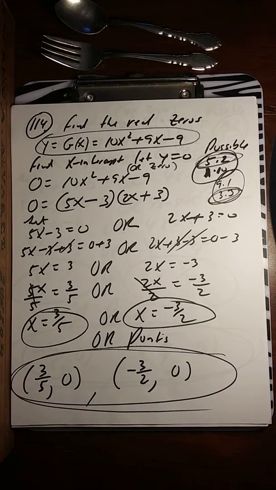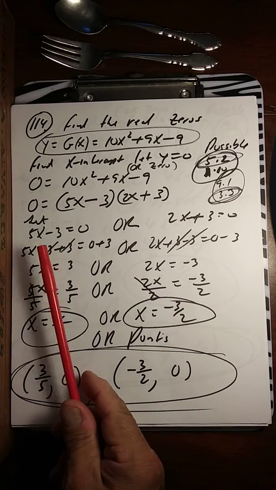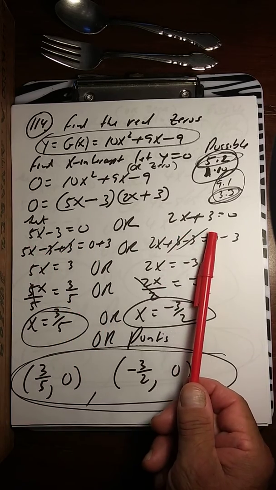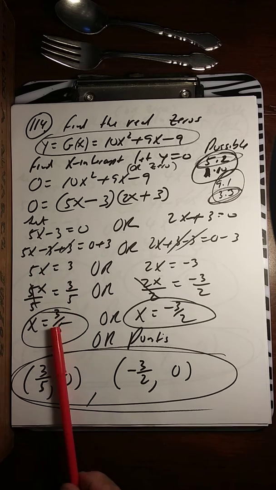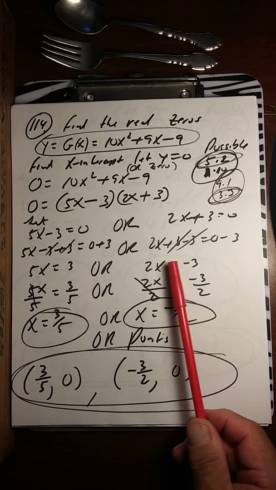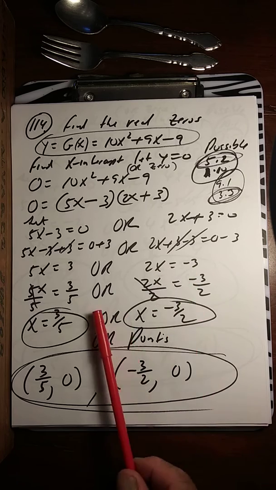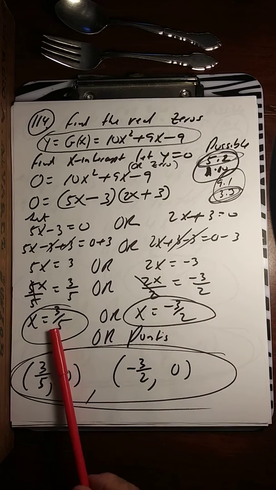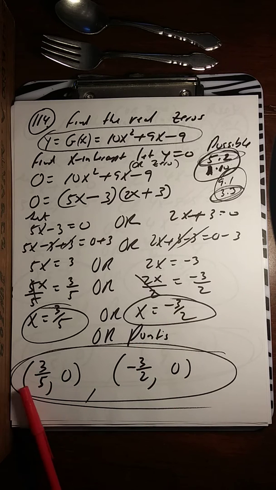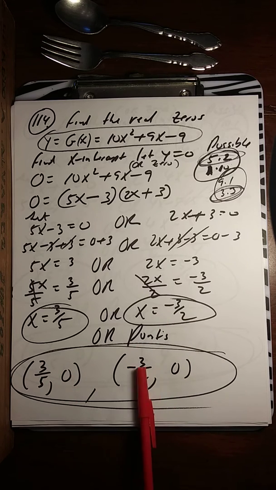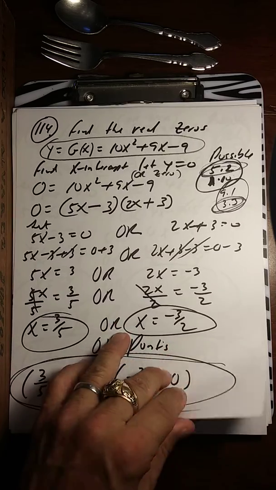So now 5x minus 3 equals 0 and 2x plus 3 equals 0. So add 3, divide by 5, 3 fifths. Minus 3, divide by 2, so 3 fifths, negative 3 halves. The x-intercepts are (3/5, 0) and (-3/2, 0).